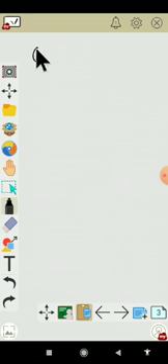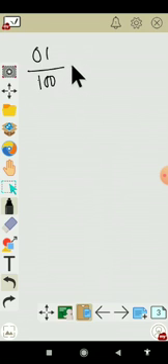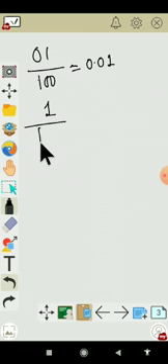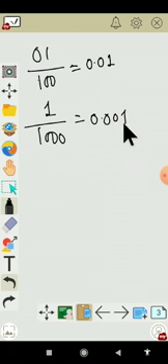Similarly, if we divide any number by 100, then it will be 0.01. So we have to count the number of zeros, and according to that we have to put the decimal point also. So if it is 1000, the decimal will be 0.001. So decimal fractions with this denominator we know.